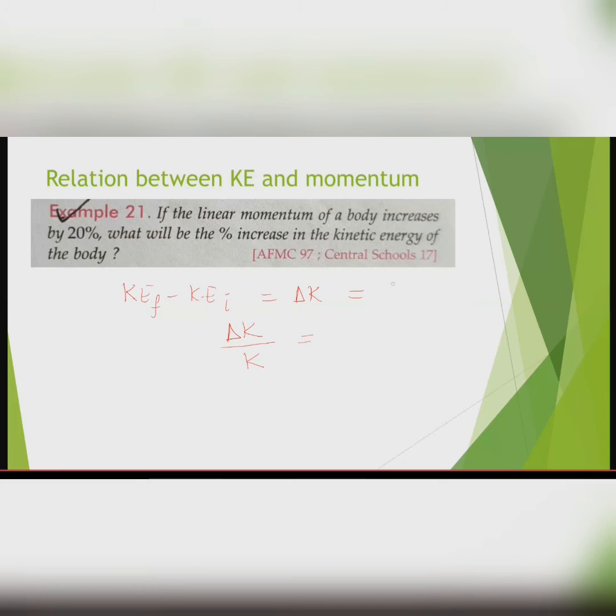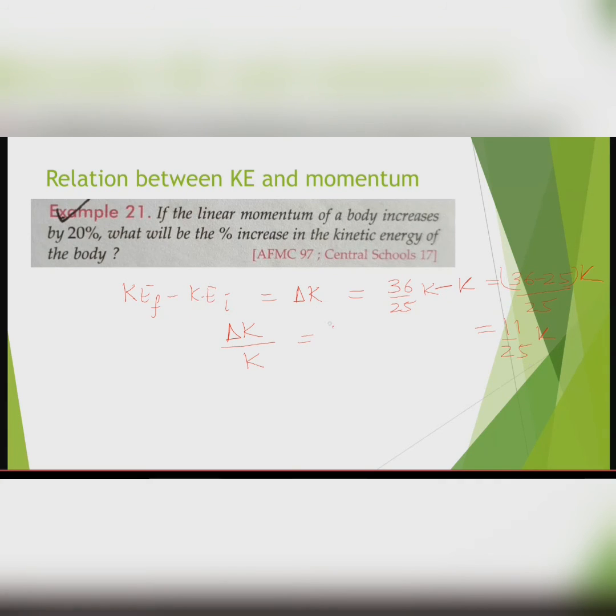So this would be 36 by 25K minus K. So this would be 36 minus 25 by 25K. This would be 11 by 25K. So this is the change in kinetic energy, 11 by 25K.